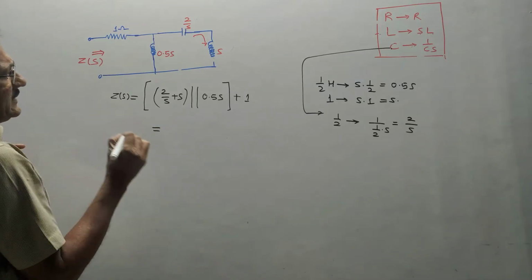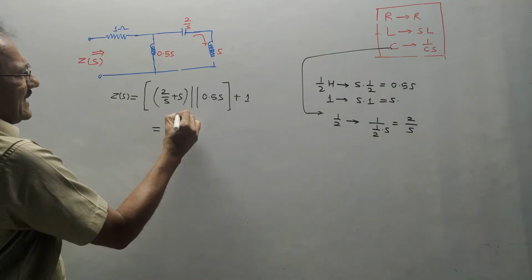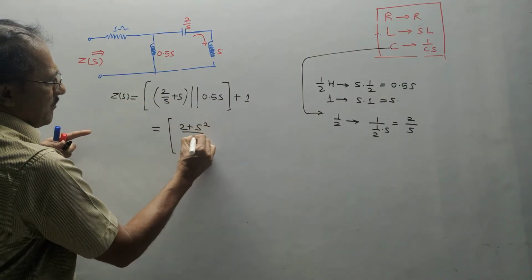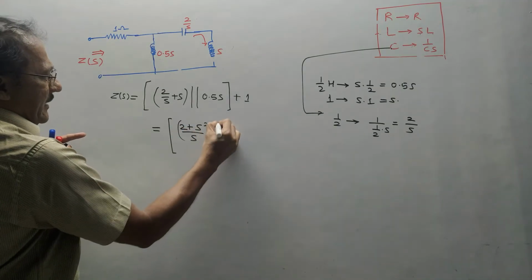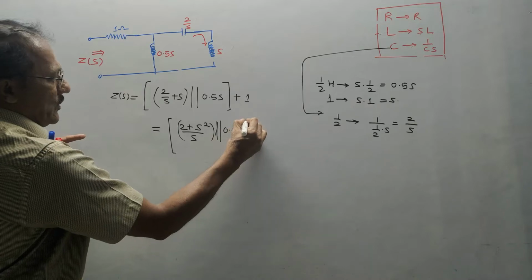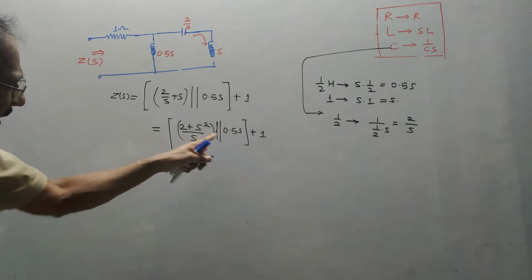Now let us simplify this equation. I will take LCM for this part, so this square bracket remains as it is, so it is (2 plus s square) upon s, in parallel with, this symbol stands for parallel, 0.5 into s plus 1 remains as it is. Let us solve this parallel combination.